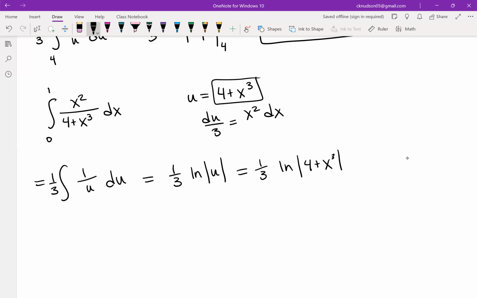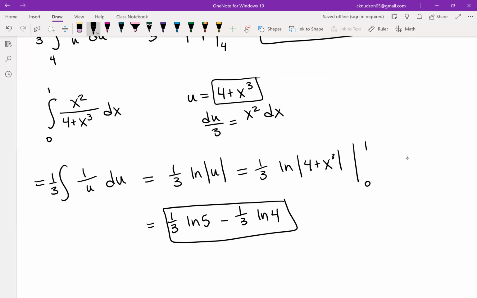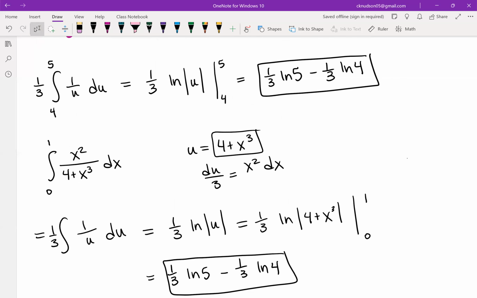And now that we're back in terms of x, we can evaluate this at 0 and 1. And so we get 1/3 natural log of 4 plus 1 minus 1/3 natural log of 4 plus 0. So we can see that when we do it either way, we're going to get the same answer.